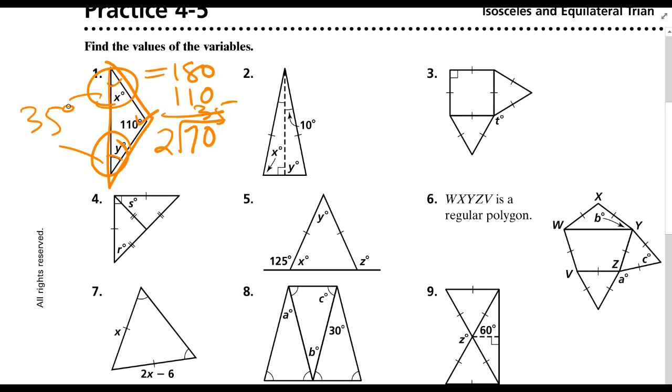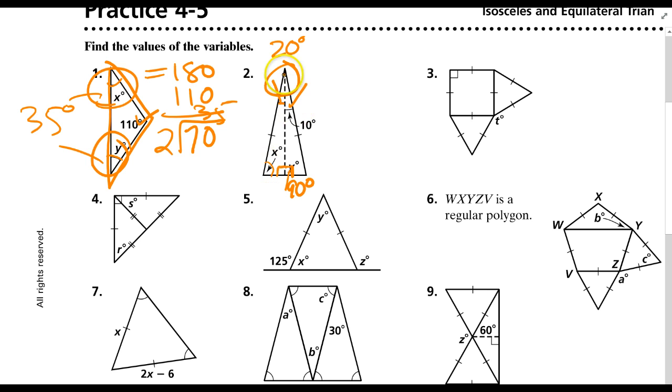Number 2, we know that this angle is 10 and it's congruent to this angle. So here's another 10. That means this entire angle is 20 degrees. Then down here, we've got an angle here and an angle here. Well, you know what? We're sure this is 90 degrees, because if this is 90, then so is this. But what about this one?